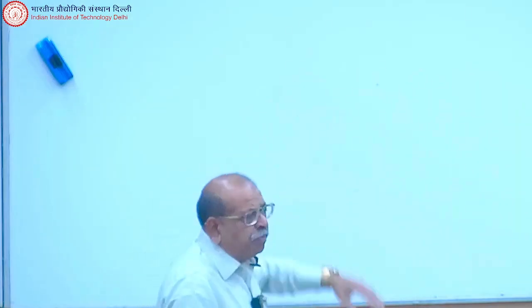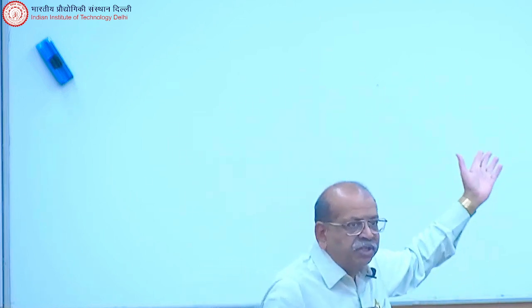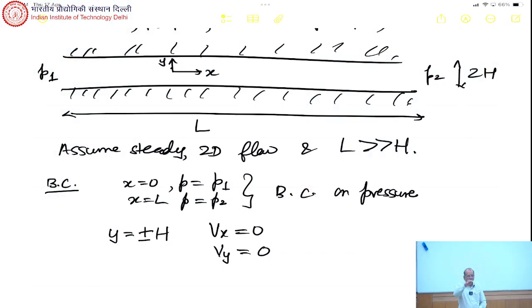Suppose one of these walls was porous, what would be the boundary condition there? If the wall had holes and the flow can seep in through the walls, then Vy will not be 0, but Vx will still be 0.